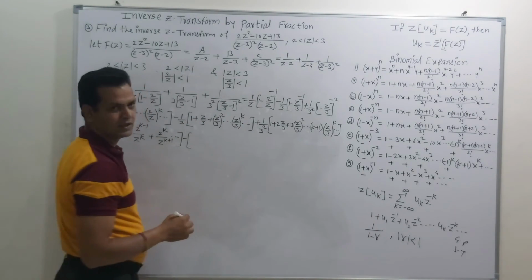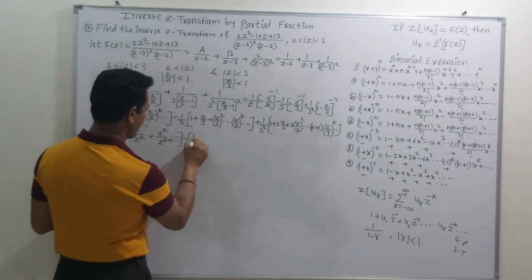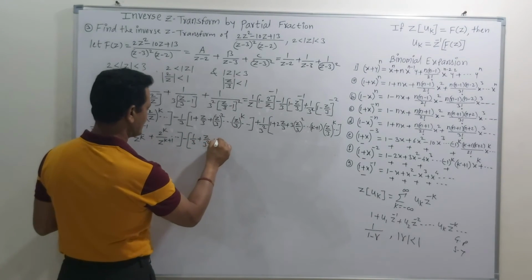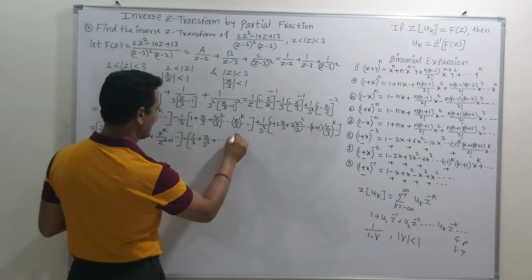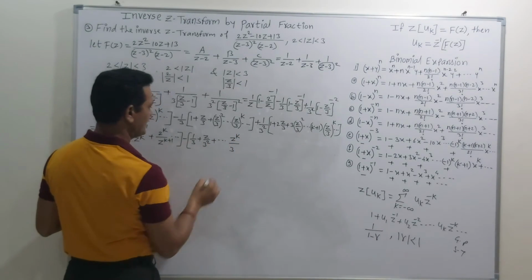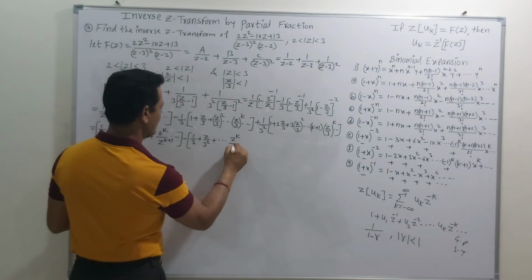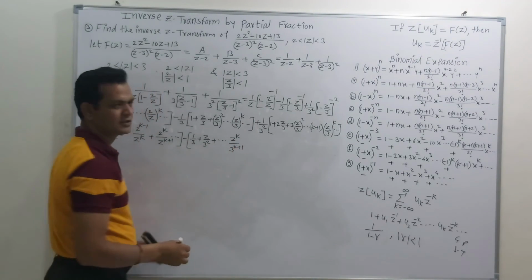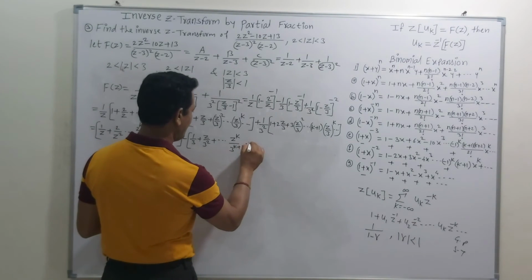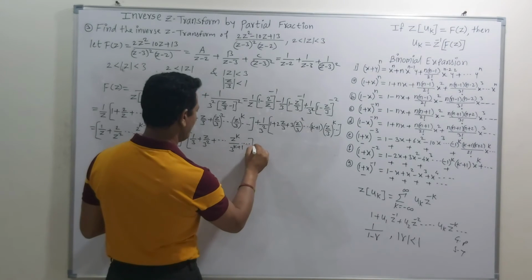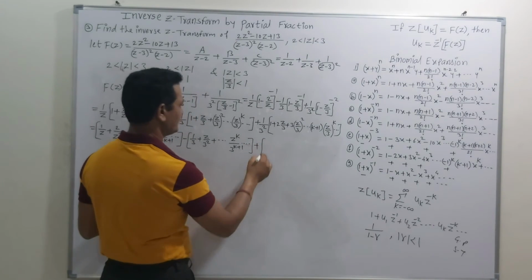Now here the middle sign is minus. Again take this 3 to the inner side. We get 1 upon 3 plus z upon 3 square plus, and so on. This is z raised to k upon 3 raised to k and 1 upon 3, that means this is 3 raised to k plus 1. Then again we can continue in this way. The next term is plus.